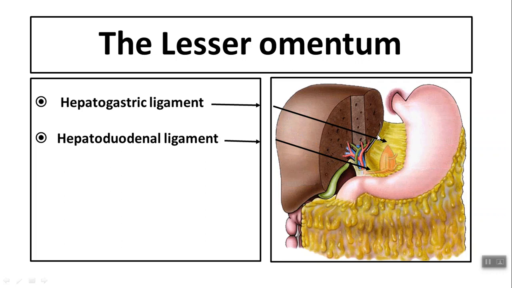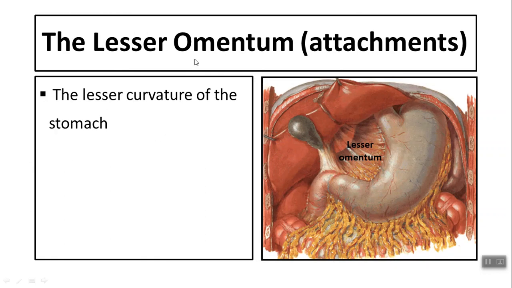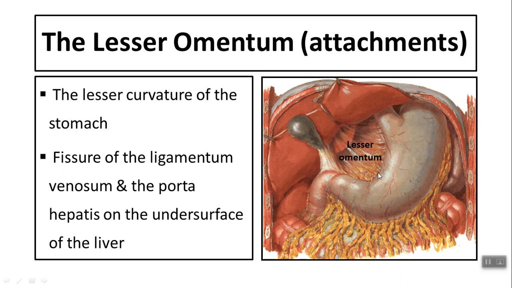The part that passes between the liver and the stomach is called the hepatogastric ligament, and the part that extends between the liver and the first part of the duodenum is called the hepatoduodenal ligament. The lesser omentum is attached from the lesser curvature of the stomach to the fissure for ligamentum venosum and the porta hepatis on the undersurface of the liver.